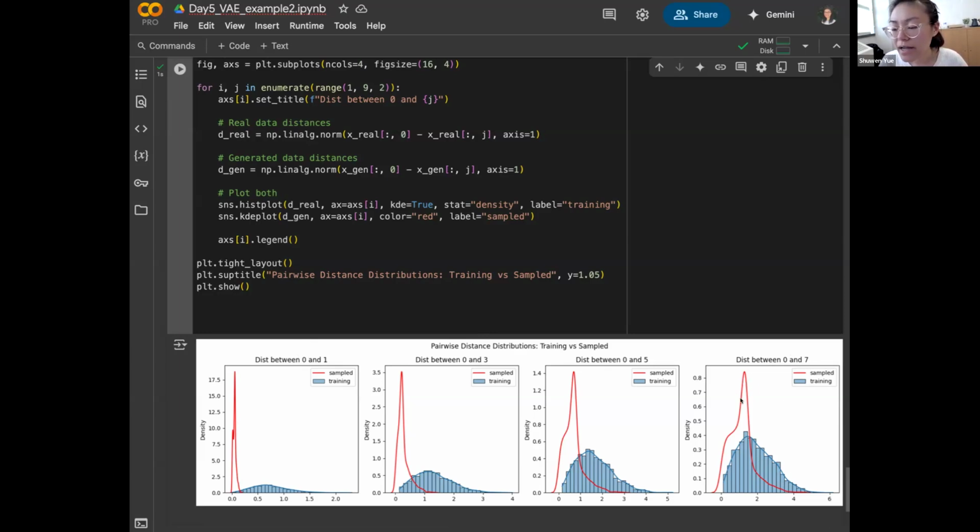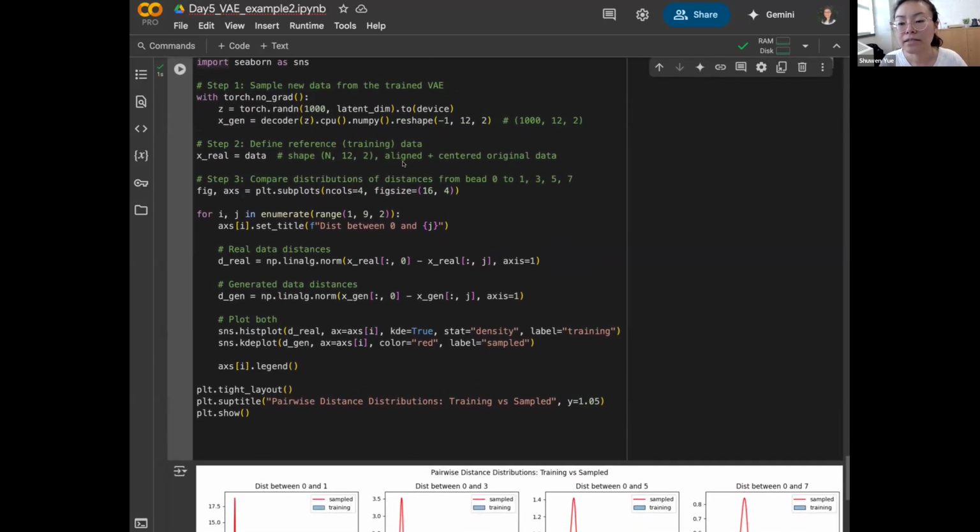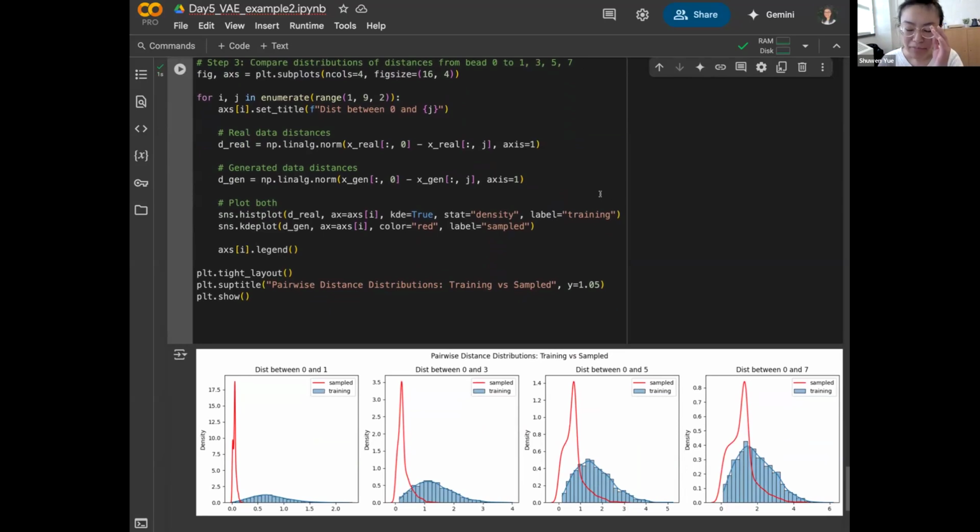And then the red is what we sampled. In this case we sample 1,000 different snapshots from the latent space, a large data set, and see if we can get close to what our learned original data distribution was.